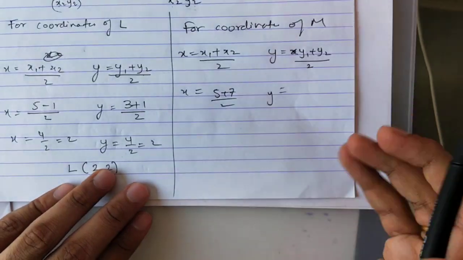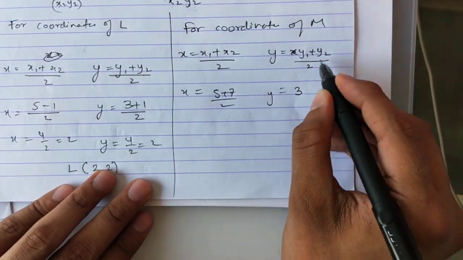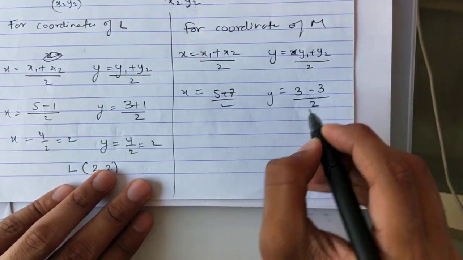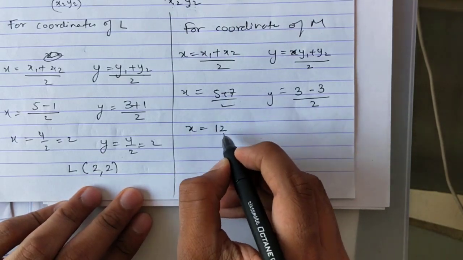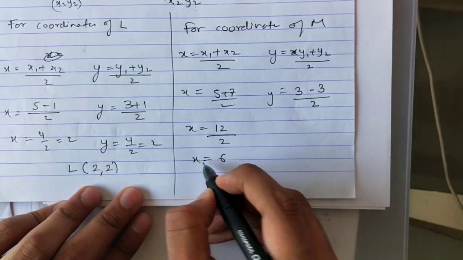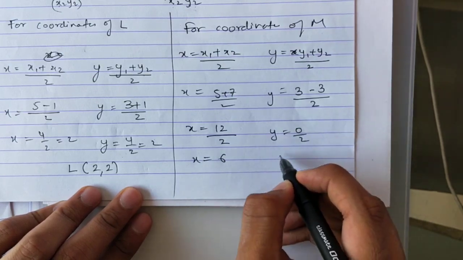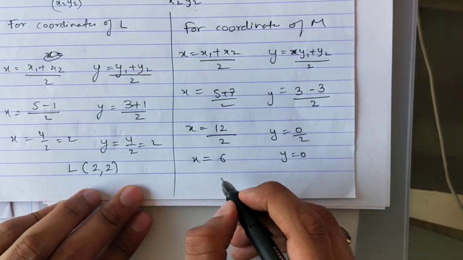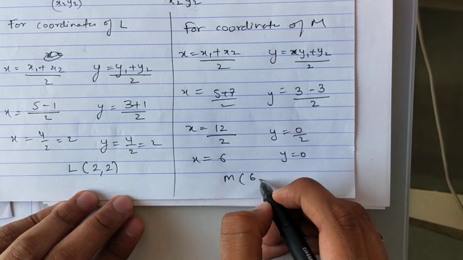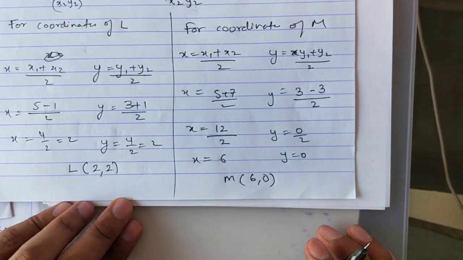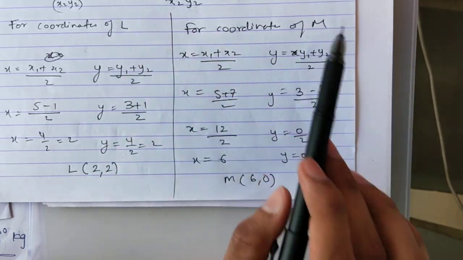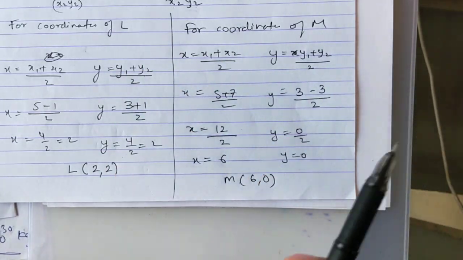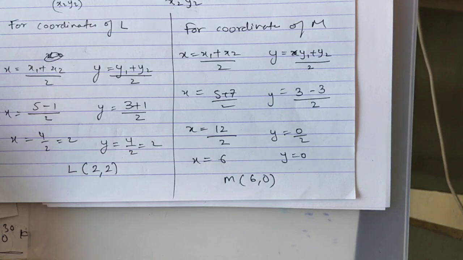So x is equal to 12 upon 2, that is 6. Y is equal to 0 upon 2, that is 0. So the coordinates of M are (6, 0). In this way I find the coordinates of L and M. I'll check the answer also.